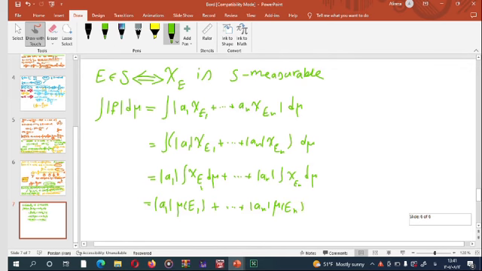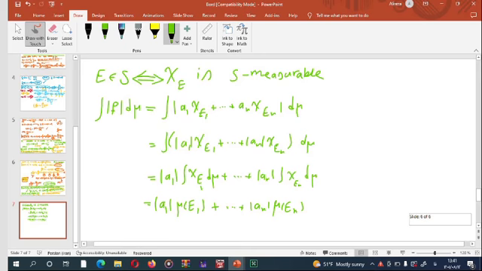So by our assumption that all of these, mu of E1, mu of E2 up to mu of En, are finite, this is finite.